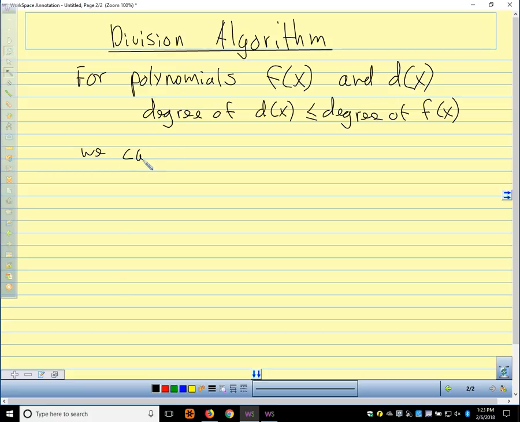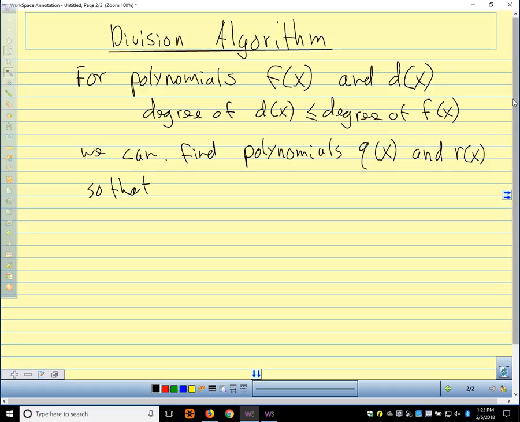We can find polynomials q of x and r of x, and these polynomials are unique. There's not a different way to do it. There's exactly one way to do it.